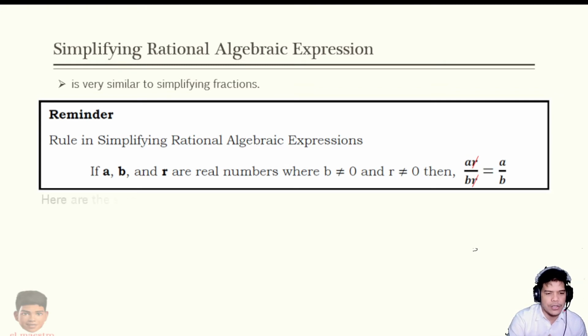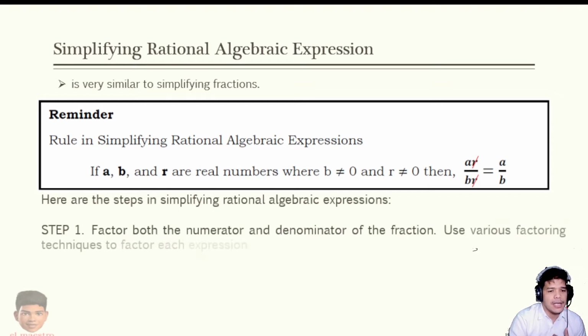So, these are the rules in simplifying rational expression. First is to factor both numerator and denominator of the fractions. Okay? Use various factoring techniques to factor each expression. So, we already discussed different kinds of factoring class. Okay?